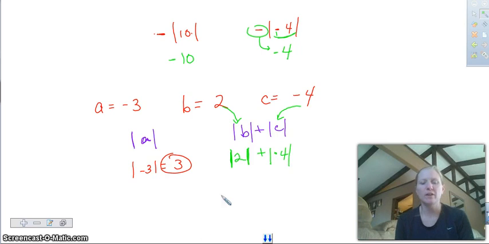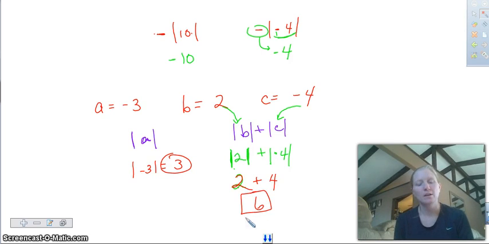Then you do your absolute value. What is the absolute value of 2? It's 2. 2 plus the absolute value of negative 4 is 4. 2 plus 4 is 6.